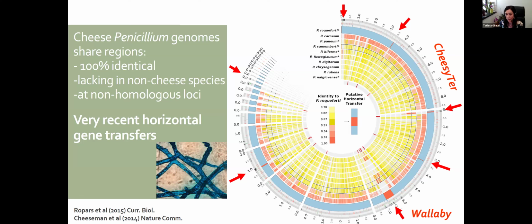And we know in fungi that the hyphae can make anastomosis, so DNA transfer may be easier than in other opisthokonts. So it was like there was very recent horizontal gene transfer and only between cheese fungi. It was between Penicillium camemberti and Penicillium roqueforti, for instance.